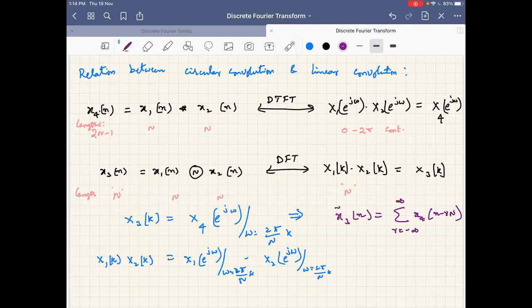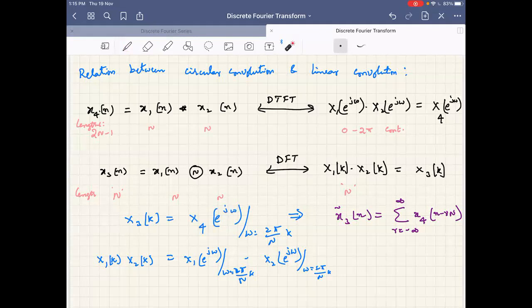What you get is x3 tilde of n, because any frequency domain to time domain brings in a periodic signal. Since it is discrete in the frequency domain, you will get a periodic signal in the time domain. Irrespective of the length of x4, it will be periodically repeating at intervals of capital N, because I sampled X4 of e power j omega at N points.